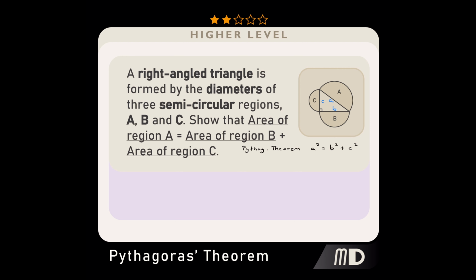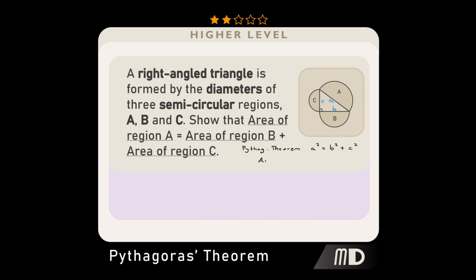Each letter also represents the diameter of each corresponding semicircle. A is the diameter of region A, B is the diameter of region B, and C is the diameter of region C.